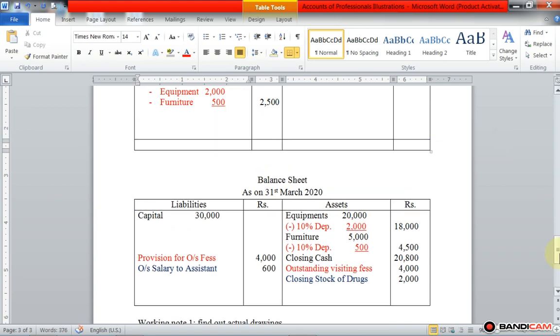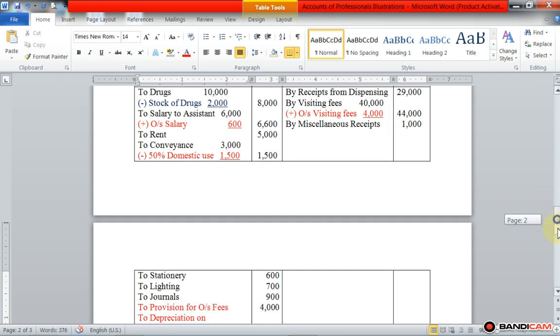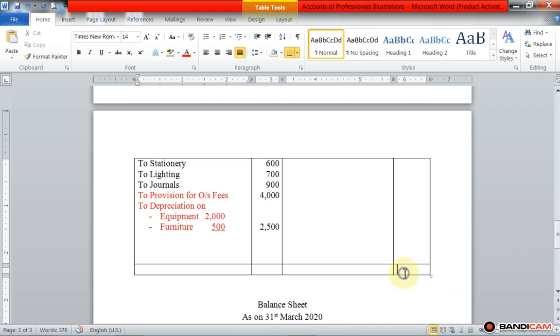Here I think the receipt side is more than the expenditure side, that is 74,000.